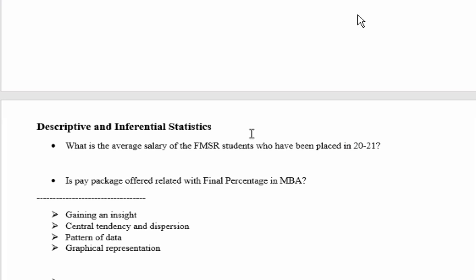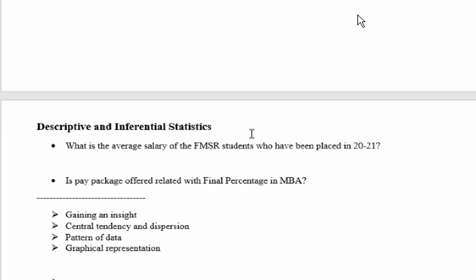Then we find out their pay packages, and then we can find out either average salary or median salary, whatever. So when we collect data from FMSR students who have just passed out and are placed in the job market, we can find out what is the average salary of the FMSR students. What else can we describe about them?